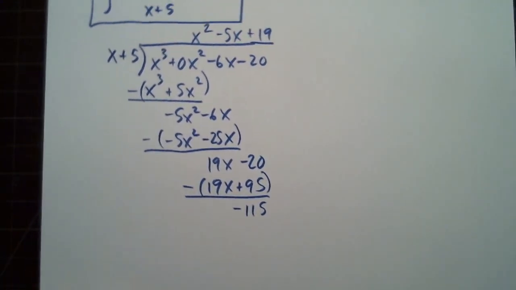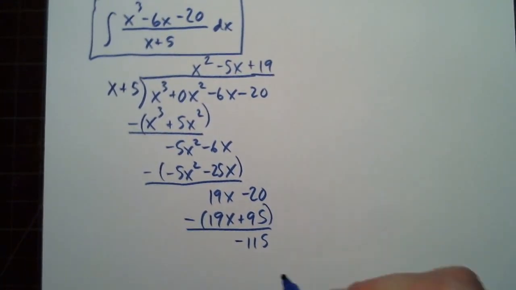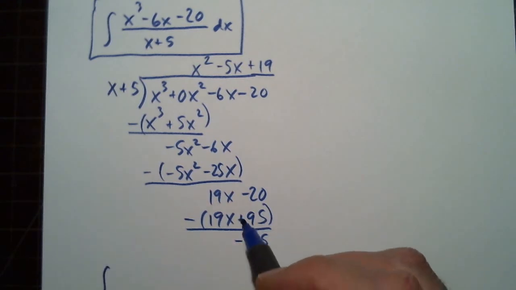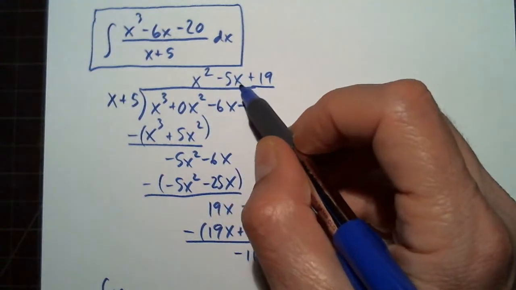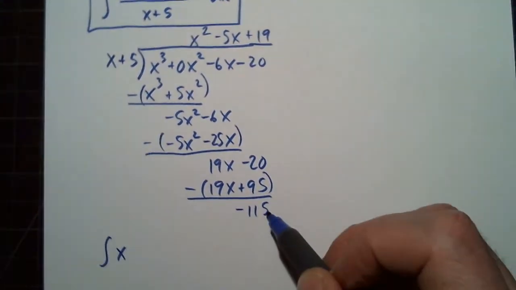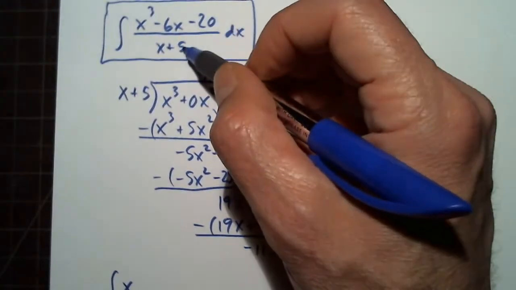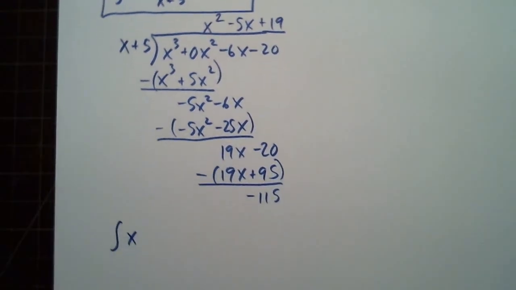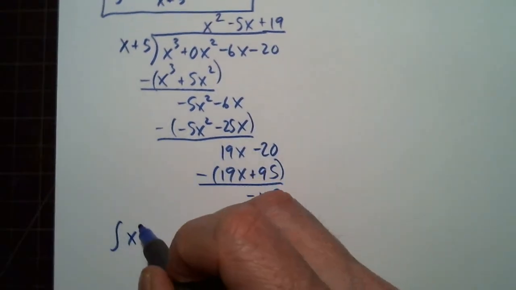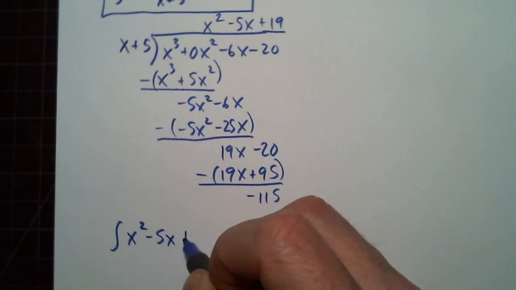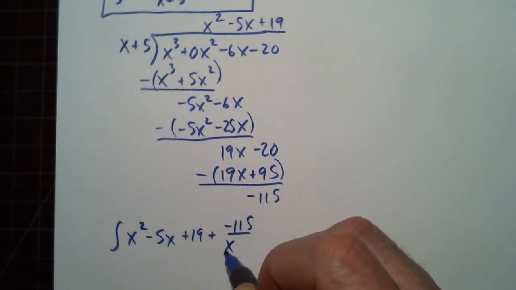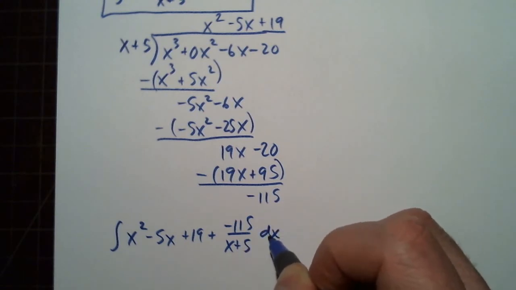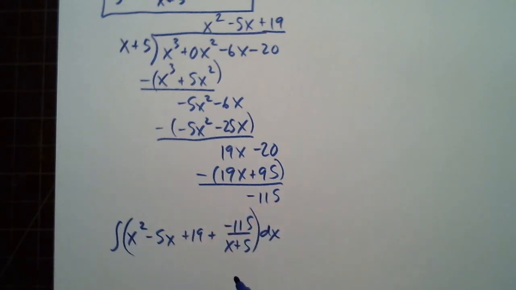So we rewrite the integrand as x squared minus 5x plus 19 plus the remainder over the divisor. So we have x squared minus 5x plus 19 plus negative 115 over the divisor.